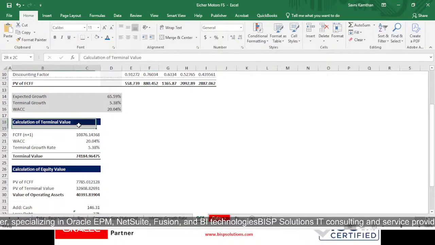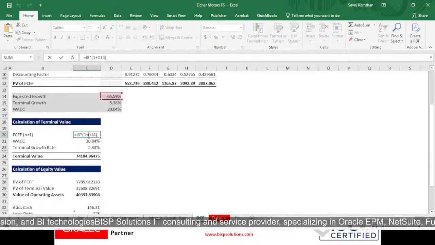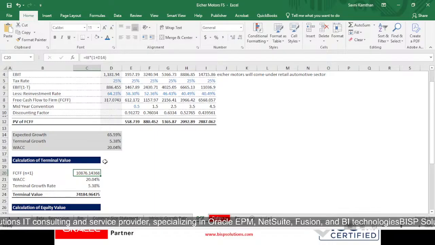After that, calculation of terminal value we have to do. So in FCFF, we will be calculating it for n plus 1. N plus 1 is the years plus 1. So for that we will be doing our free cash flows into 1 plus our expected growth rate, and it is entered as 10876.14368.